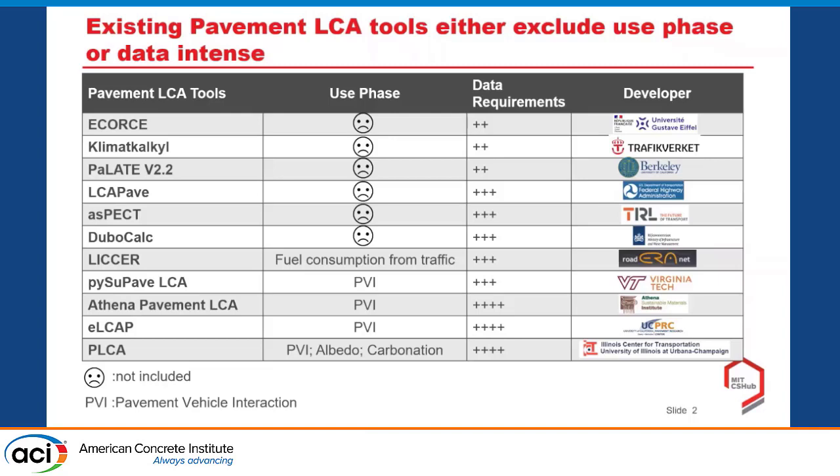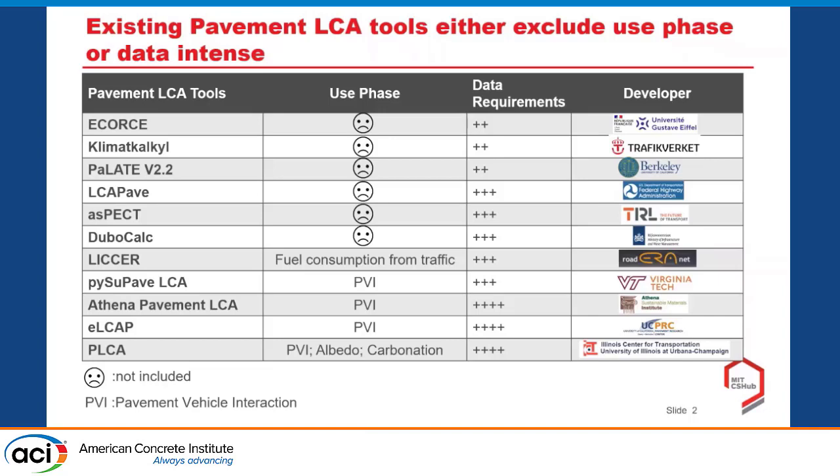There are also a few tools which include some use phase analysis, like LICCER. They include a few consumption figures from the traffic, but obviously they need more data than the tools which do not require use phase analysis.